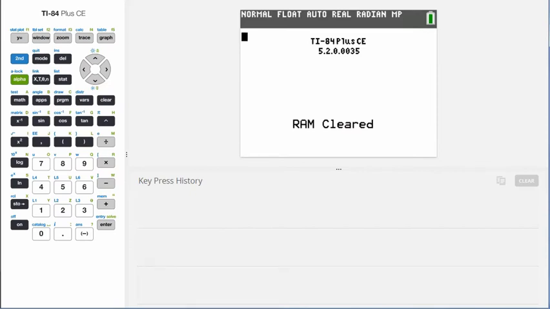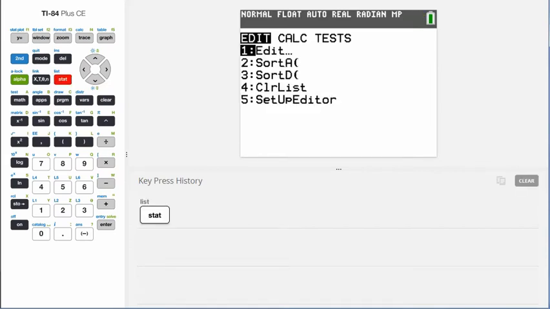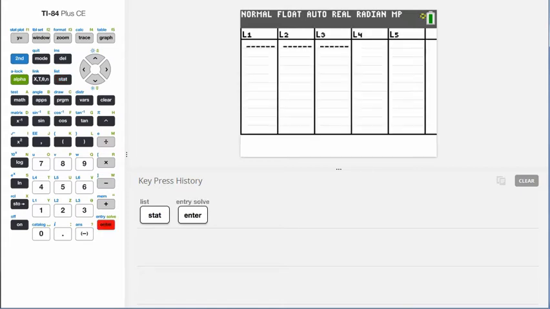the first thing you want to do is go to Stat, Edit, for the menu, and number 1, edit. Enter. L1, we want to type all of our data.